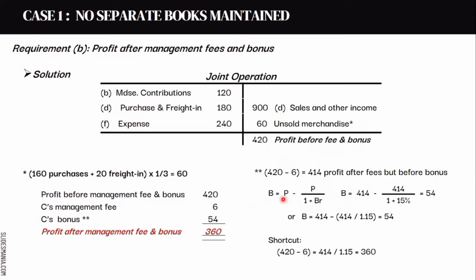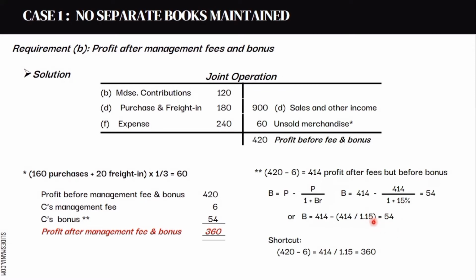Gagamit tayo ng formula which is P minus P, divide natin sa 1 plus BR. So, yung P stands for profit after management fees but before bonus and then yung BR naman stands for bonus rate. So, 414 minus 414, divide natin yan sa 1.15 is equals to 54 pesos.